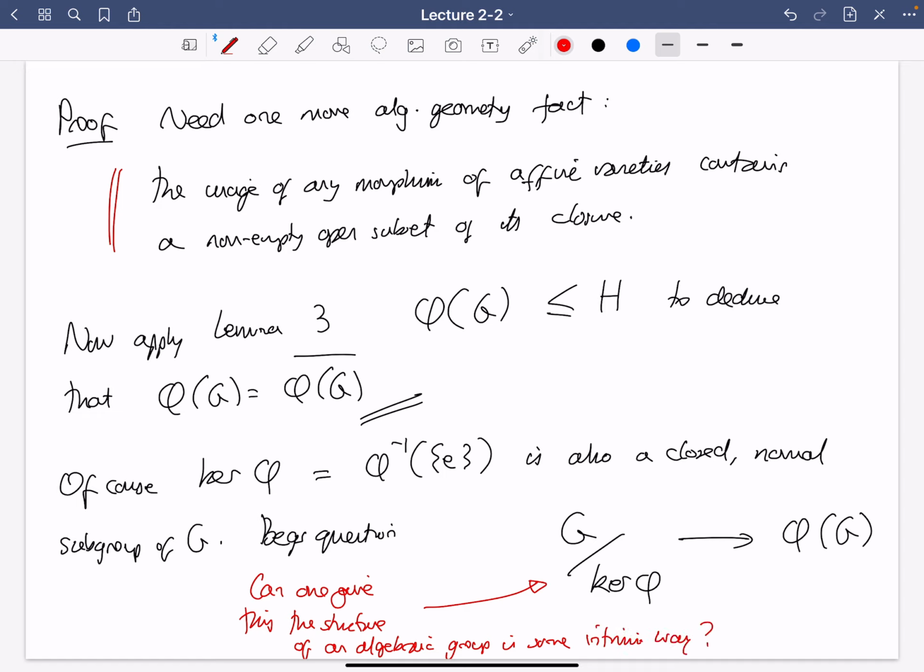More generally, if you have any closed normal subgroup N of an algebraic group G, can you make G over N into an algebraic group? And then, is this an isomorphism of algebraic groups?